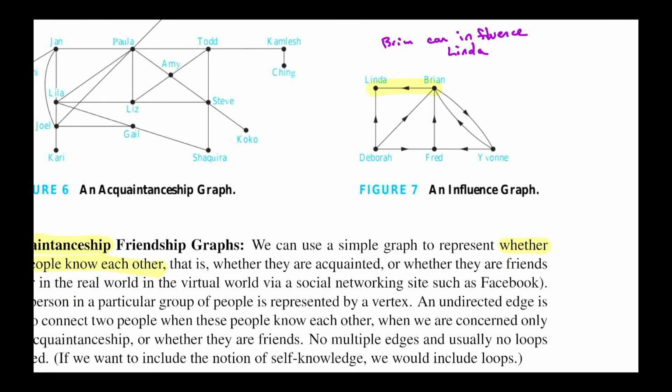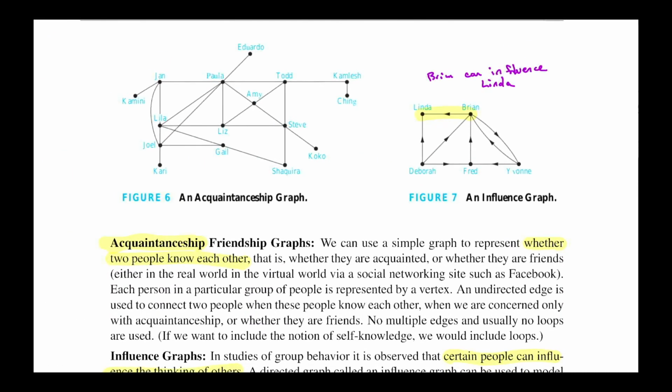And graphs like these, far more complicated graphs than these, are actually used. This is what things like Facebook and Twitter, mostly Facebook, use to identify people.